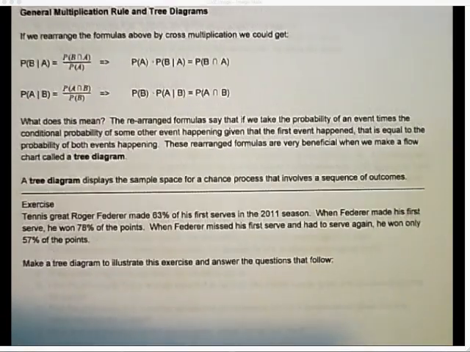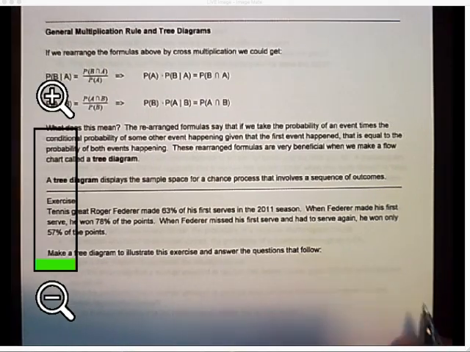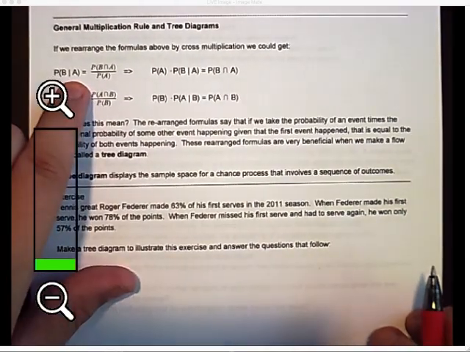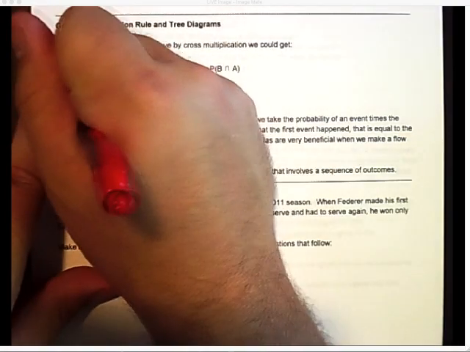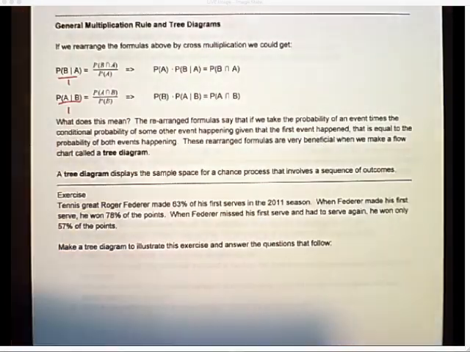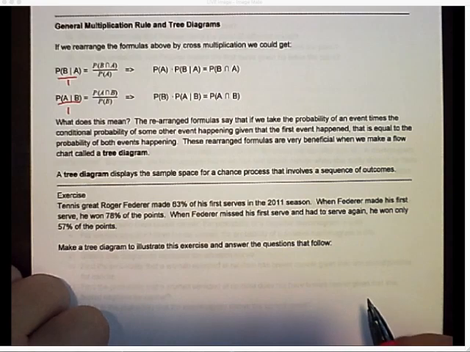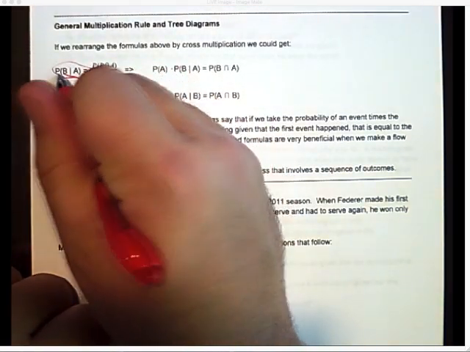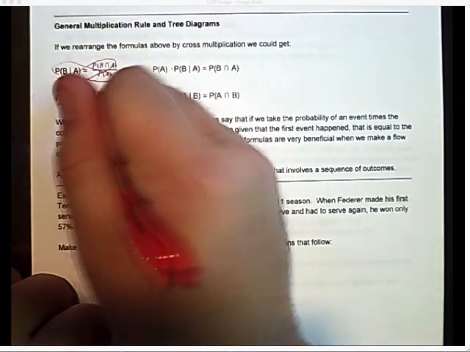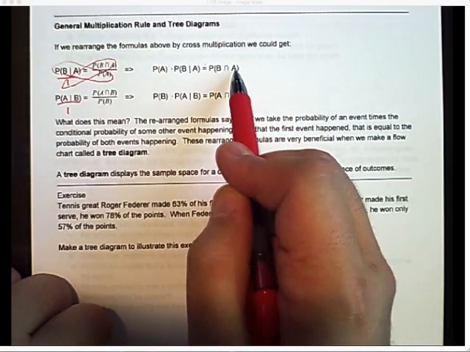So the next topic is the general multiplication rule and tree diagrams. So if we look at the conditional probability formulas, either way, all right, remember this is over an understood 1. Okay. So if we were to cross multiply here, because this is a proportion, if I were to cross multiply this and cross multiply this, then we get this formula.